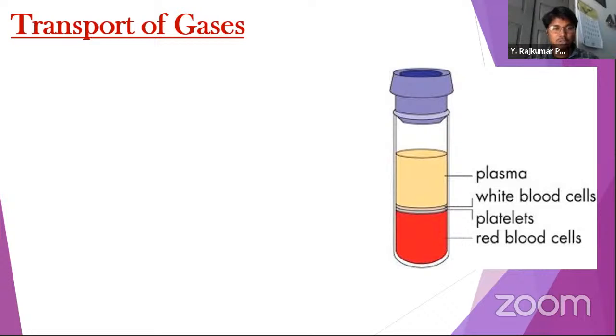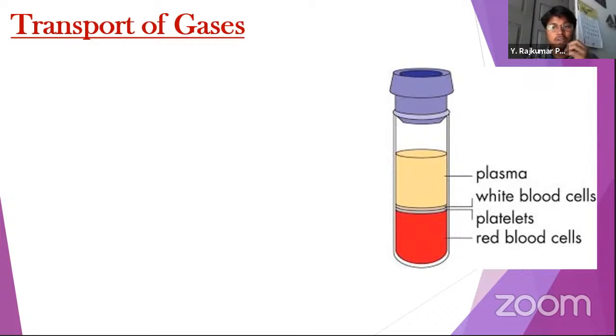Whatever oxygen we take in with the help of our lungs should reach each and every cell, and to reach the cellular level, there must be a carrier. Oxygen is carried with the help of some carrier, and carbon dioxide is also carried with a carrier. Here, the carrier of oxygen and carbon dioxide is the blood.